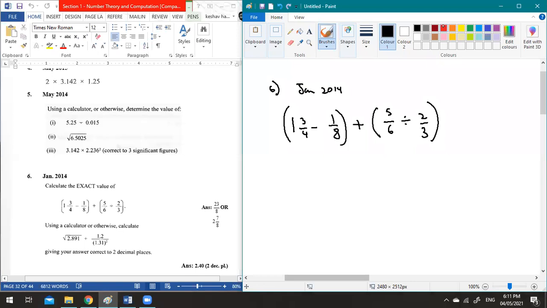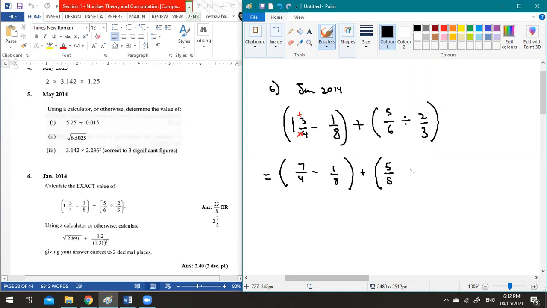Right, so the first thing we do, change this to improper fraction. So 1 by 4 is 4 plus 3 is 7/4 minus 1/8. You leave them in brackets for now. And as we come down the line, you can simplify.